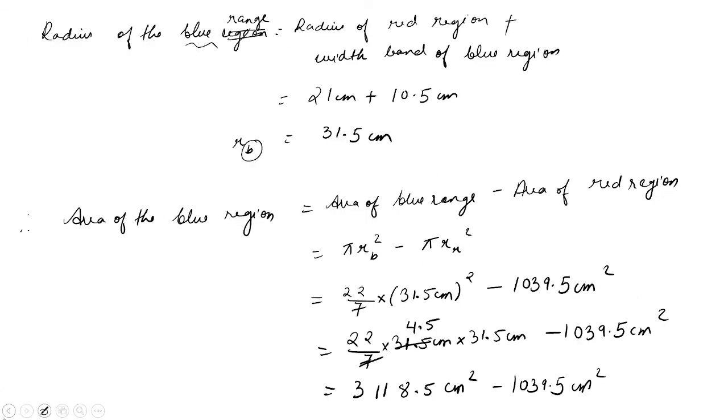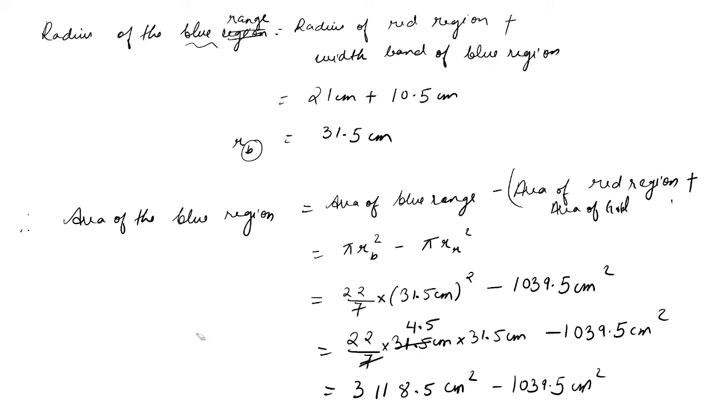Alright, so it will not be only the area of the red region, it will be minus the area of the red region plus the area of the gold region. So this was the gold region, this was where I was making the mistake.